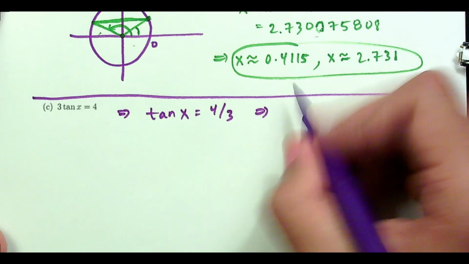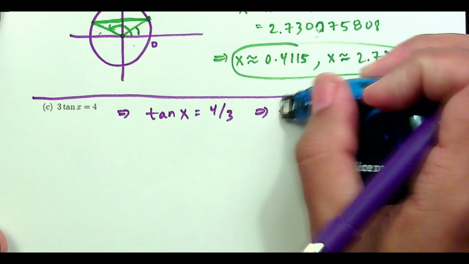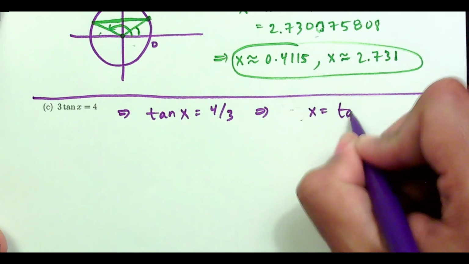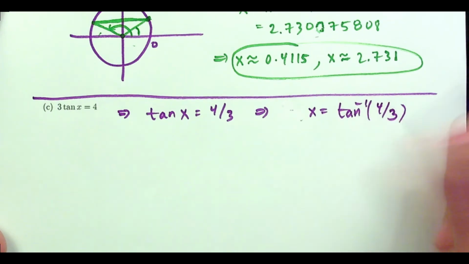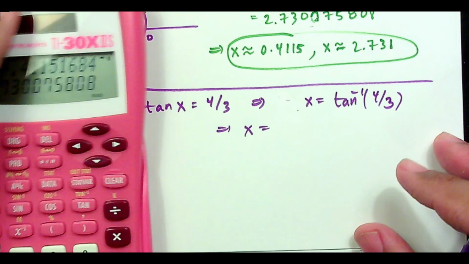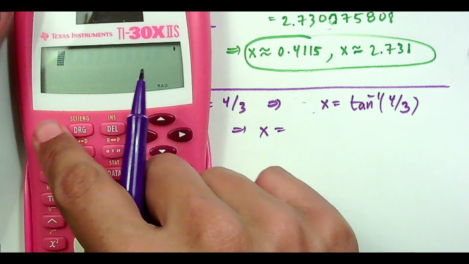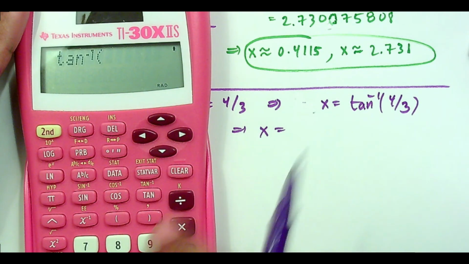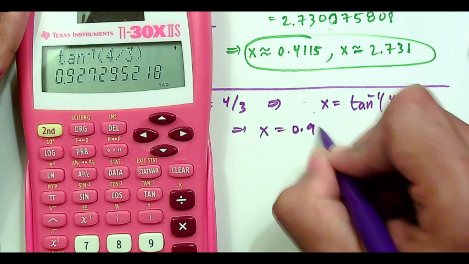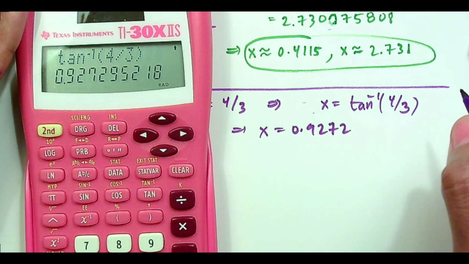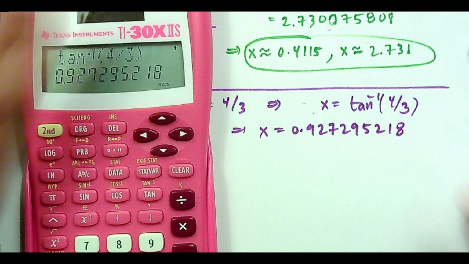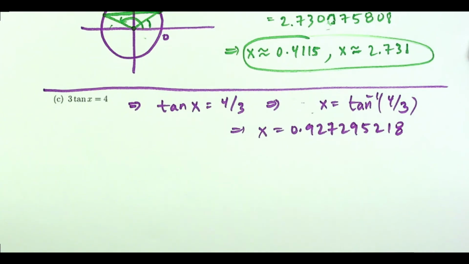So hitting it with tangent inverse, you get that x is tangent inverse of 4/3. So putting this in the calculator, what do you get? Tangent inverse of 4/3. Don't round until you're done. 0.927295218. All right. So that's the first answer.